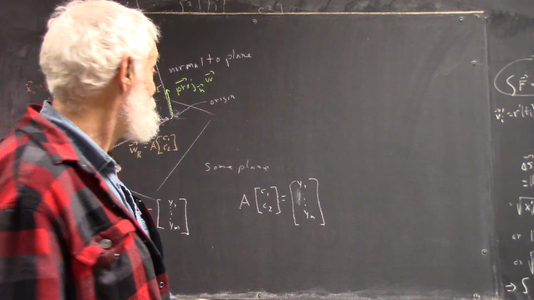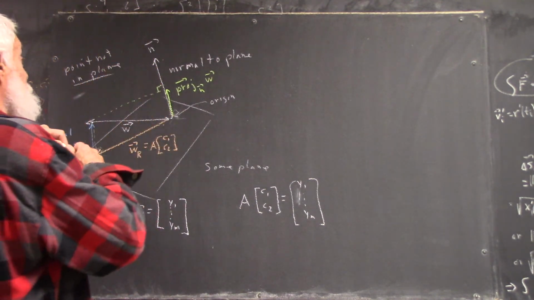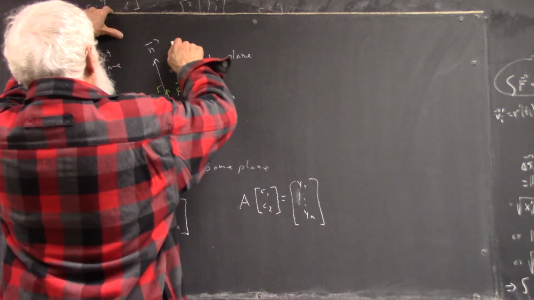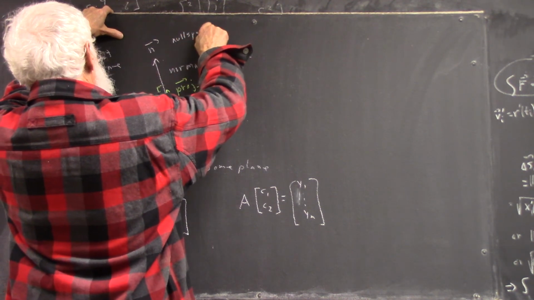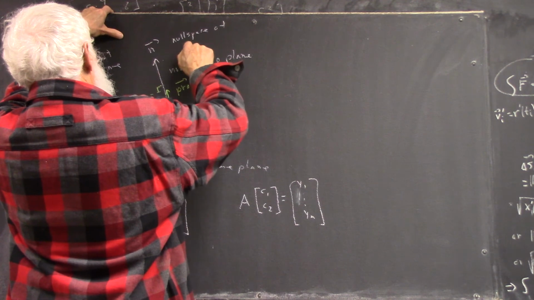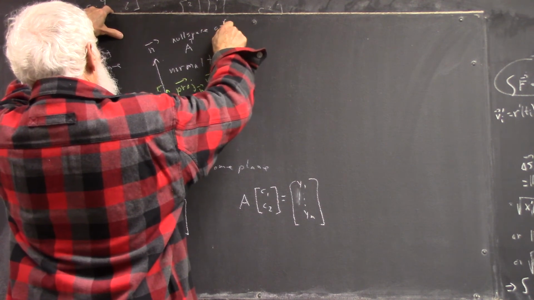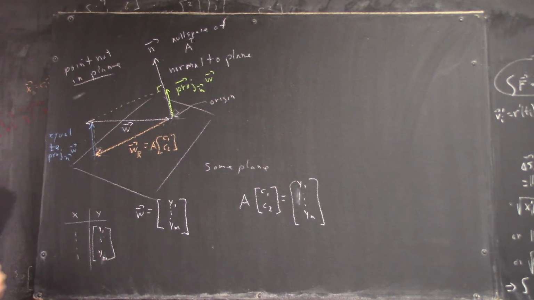Okay? And that's what this is. So this is the null space of A transpose. Okay?